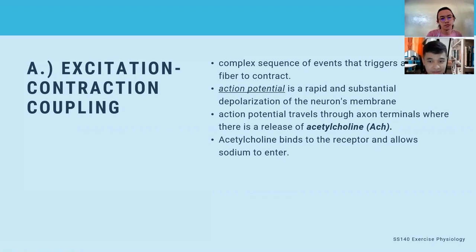The acetylcholine will now cross the neuromuscular junction and bind to the acetylcholine receptors, which triggers the depolarization that allows sodium to enter the cytoplasm, and the action potential will now be transmitted to the muscle fiber.